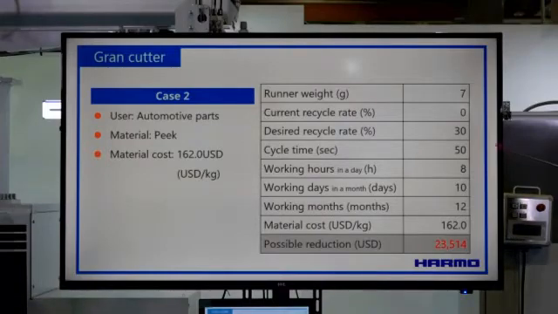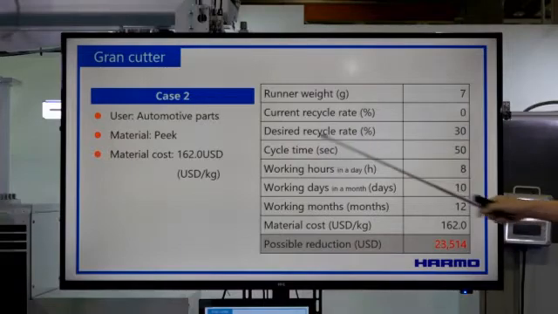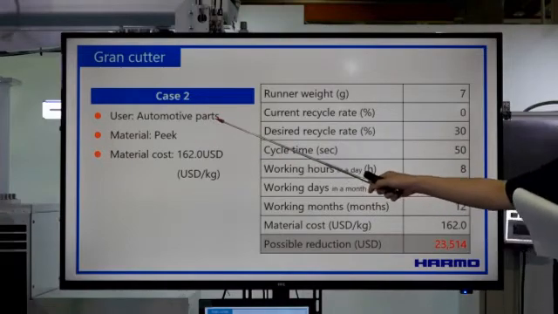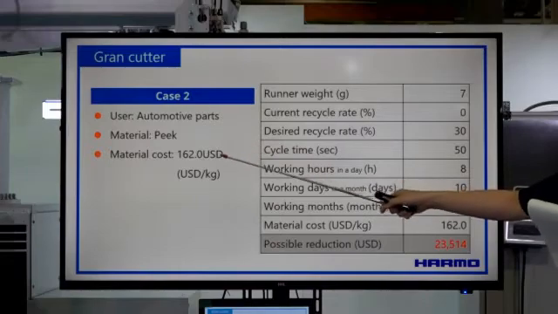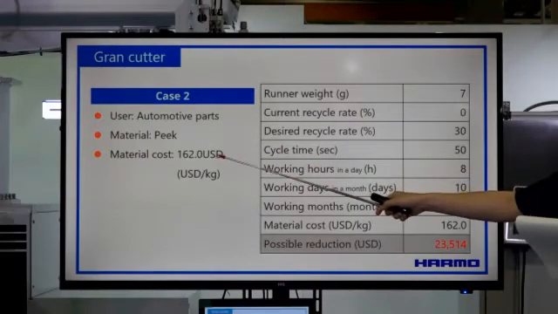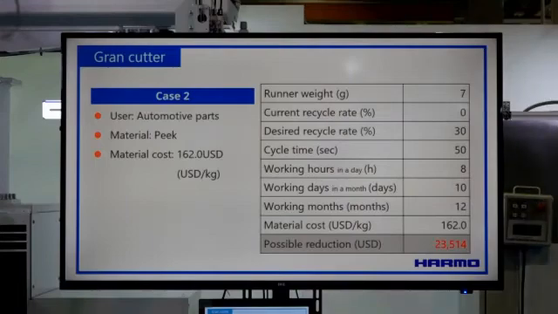Remembering the formula, let's see example case number 2. This customer is using PEEK for automotive parts and the price is expensive. It costs $162 per kilogram. Currently, they don't use any recycled material.